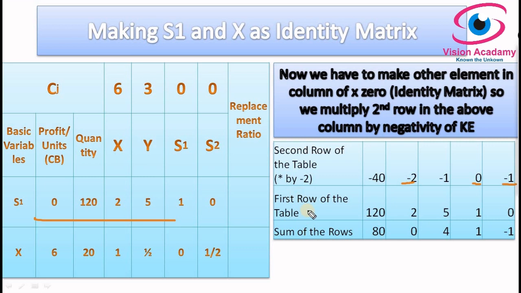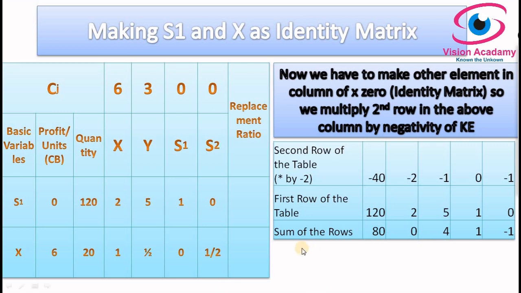Now we want to make a sum of the rows, whether positive or negative. So 120 minus 40, which is 80, 2 minus 2, which will be 0, and 5 minus 1, 4, 1 plus 0, 1, 0 minus 1, minus 1.